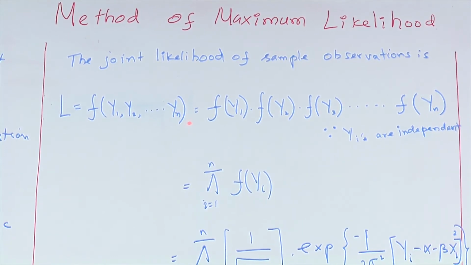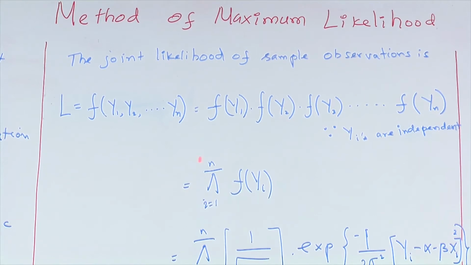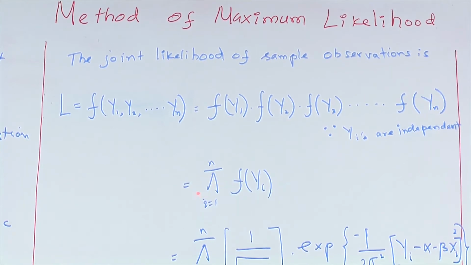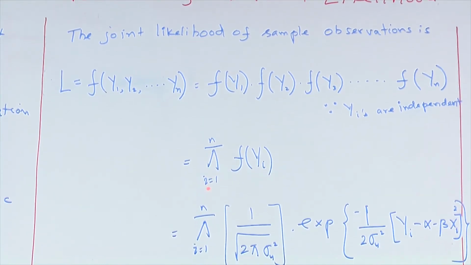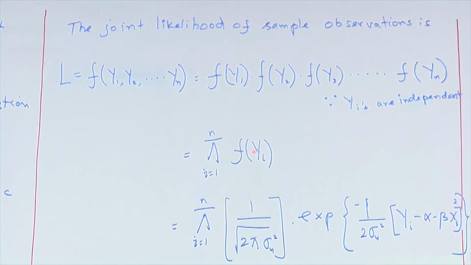This is equal to f of y1 into f of y2 into f of y3 etc. to f of yn, because all the observations are independent. So, we may write the joint likelihood function as the product, pi of i varies from 1 to n, f of yi.